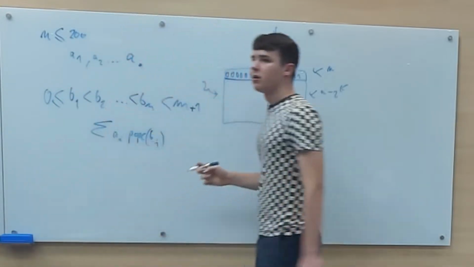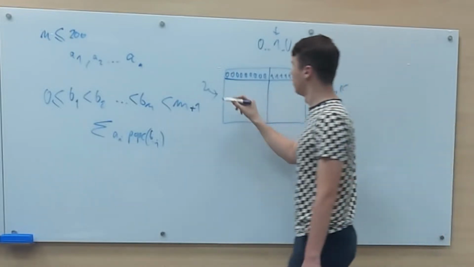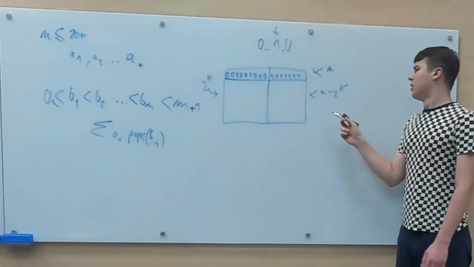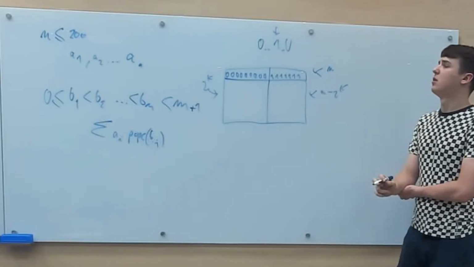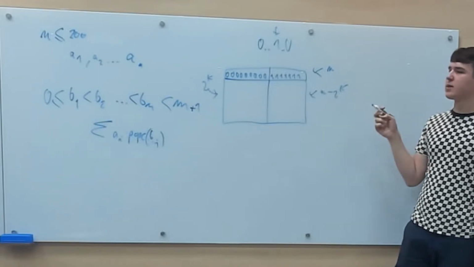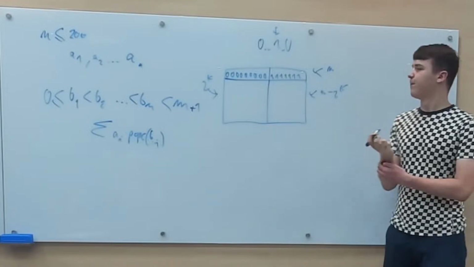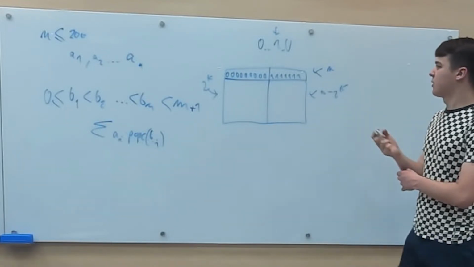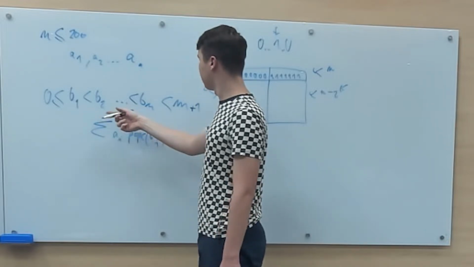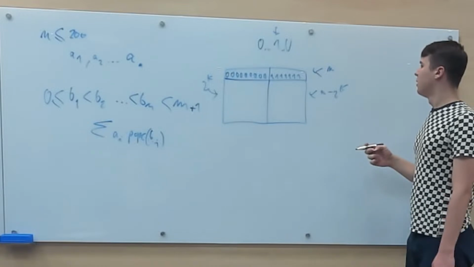So now we have a strict bound of 2 to the power of k here, and a strict bound of m minus. Okay, yeah. So here the thing is that we need to somehow know the bound on the right, because we need to maintain the strict monotonicity of the sequence.